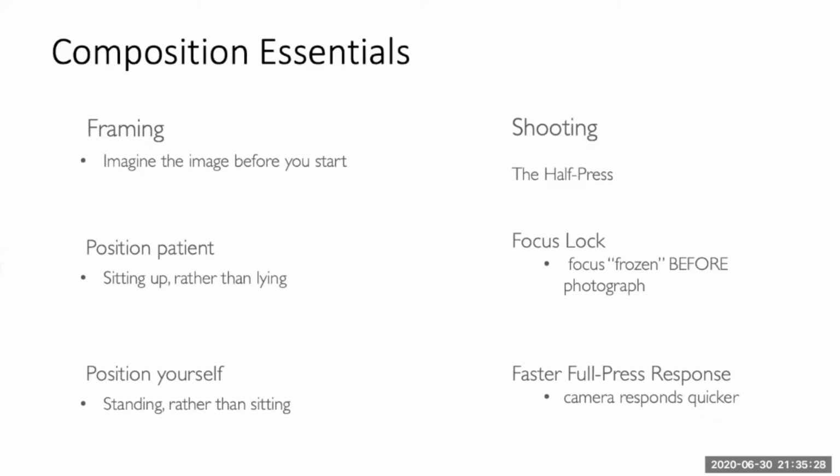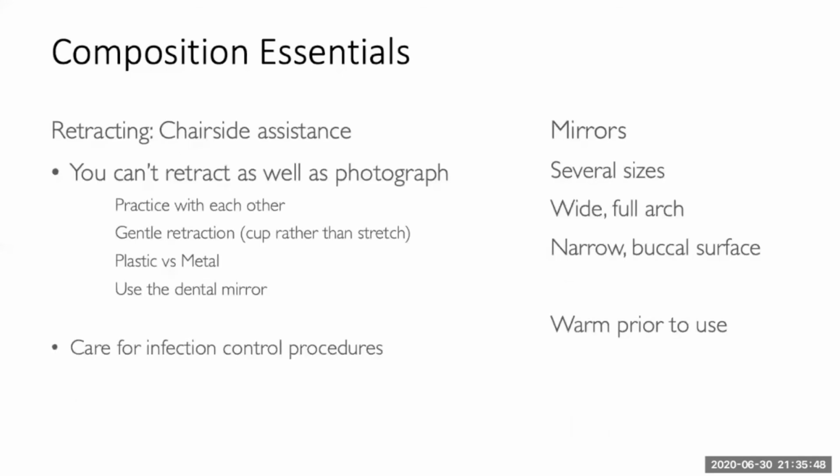You don't want to hold it too long because the patient will move. But doing that fast half press, freezing the focus, you'll get a much better photograph once you fully press the shutter to take the photograph.